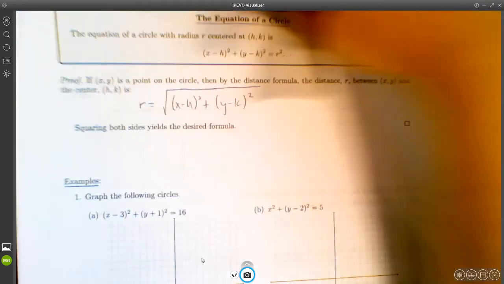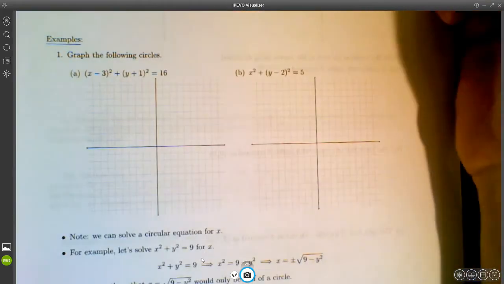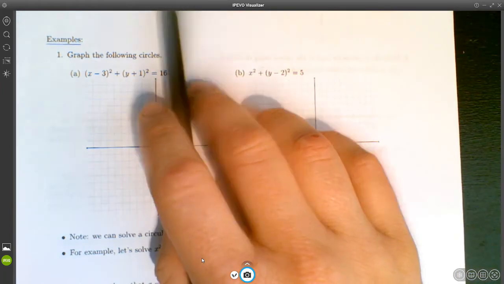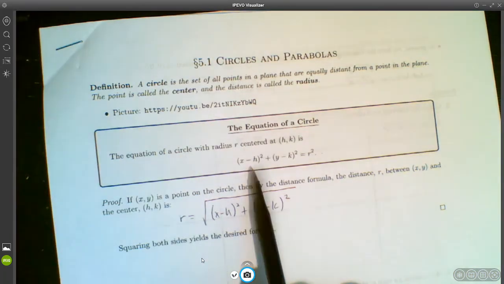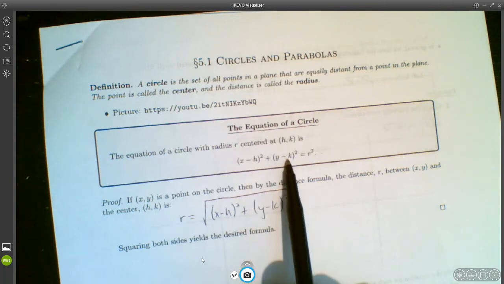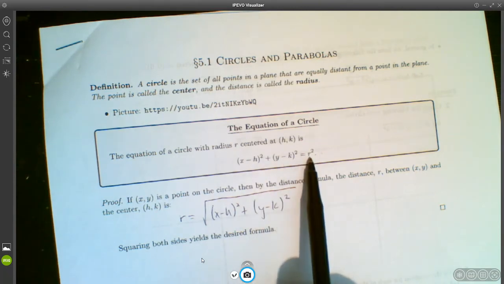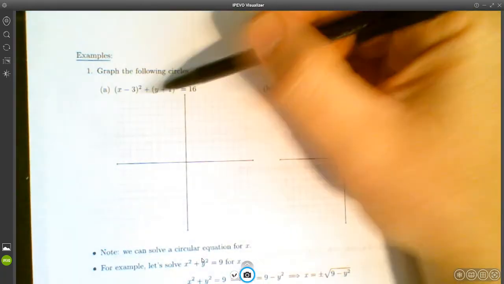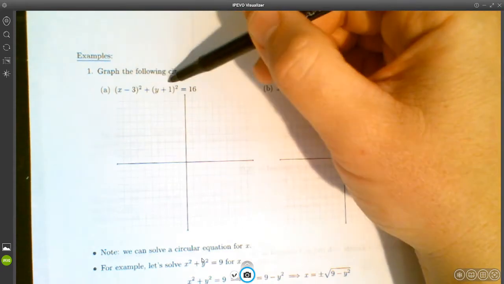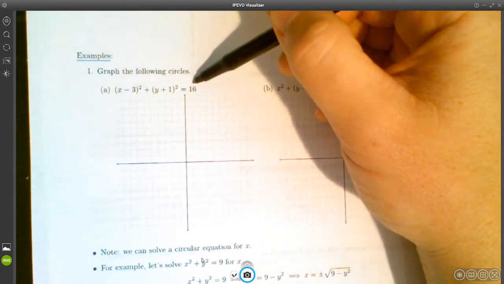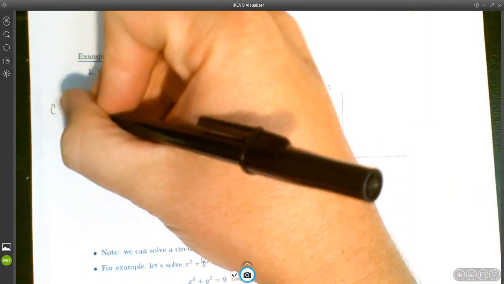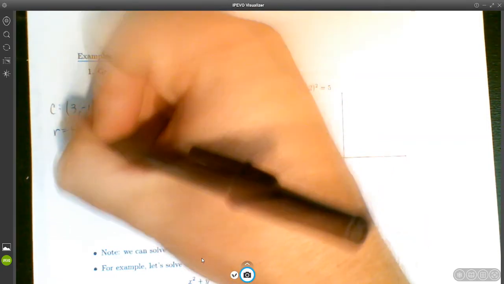So let's practice graphing some of these. Looking at number 1, remember the format is x minus h and y minus k when the center is (h, k). So if you want to figure out the center of the circle, you need to change the sign of these numbers. And then this number on the other side, you need to take the square root, and that's going to be your radius, or your distance. So here we can see clearly the center is (3, negative 1) and the radius is 4.